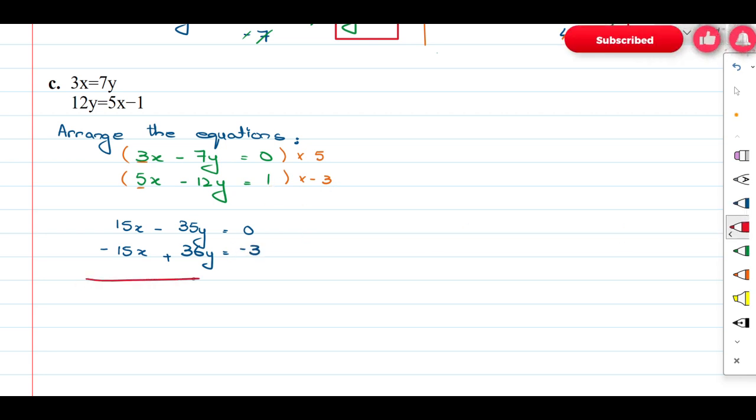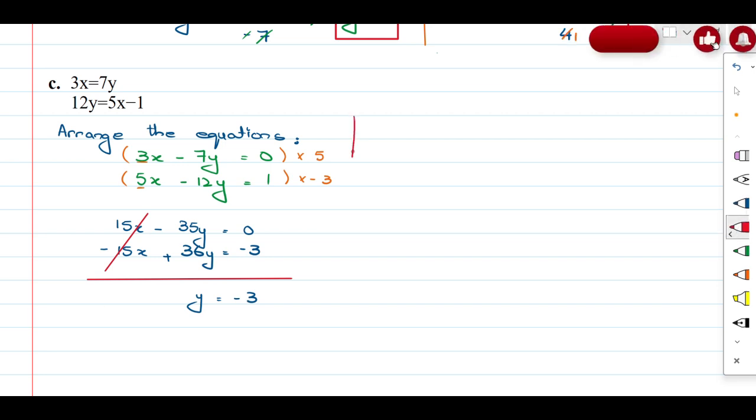Now in the next step, we need to add these two equations. Positive 15x and negative 15x obviously cancel out. From 36y, take away 35y. Just y is left, and here we have negative 3. We got the y value, right?